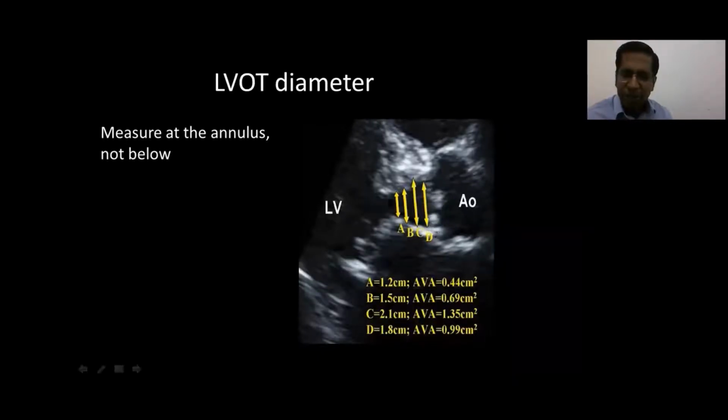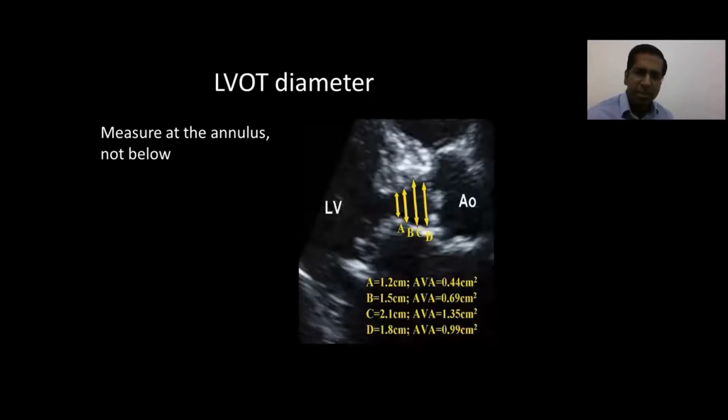And now, if we were to measure here as in A, if that is the measurement of the LVOT diameter, then by continuity equation, your value is going to be very small because it gets squared, pi r squared. So if the radius of this particular diameter is small, then your LVOT area is going to be small, and hence your aortic valve area is going to be small.